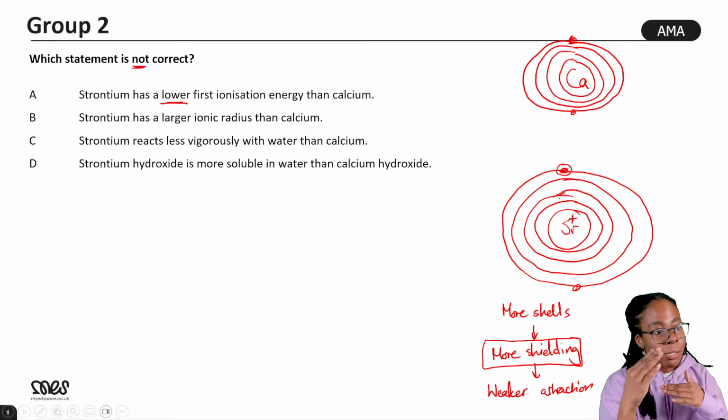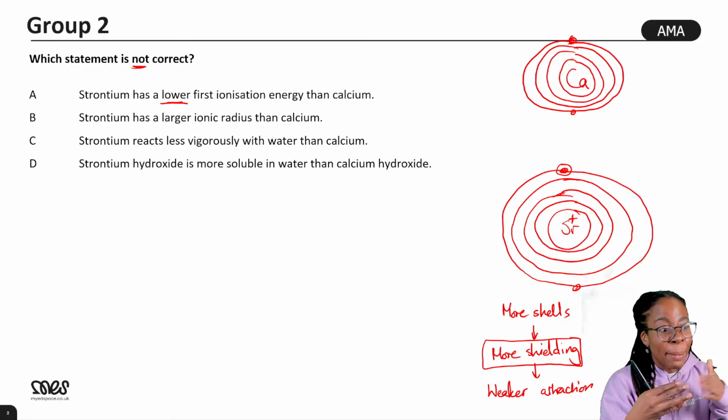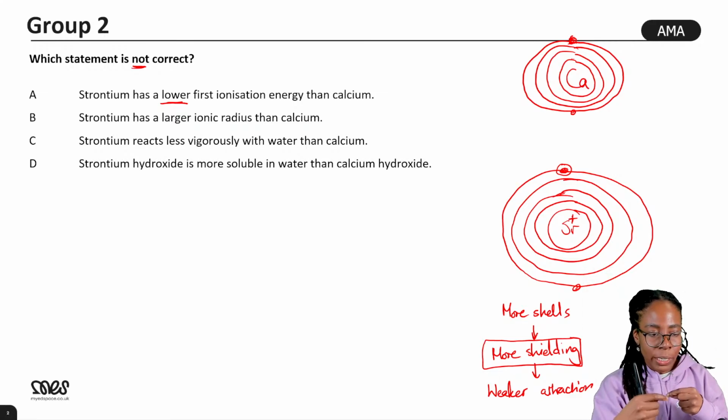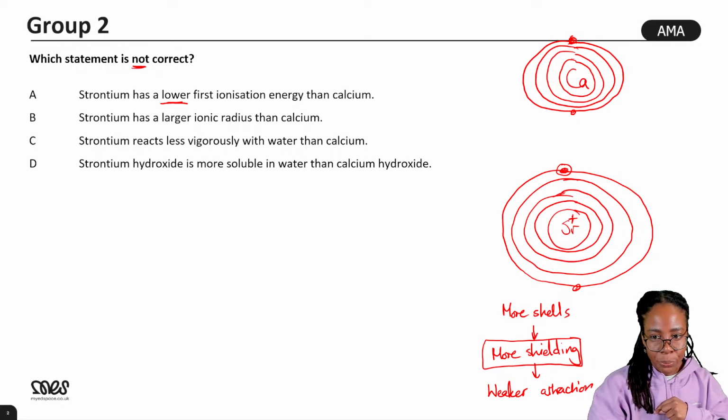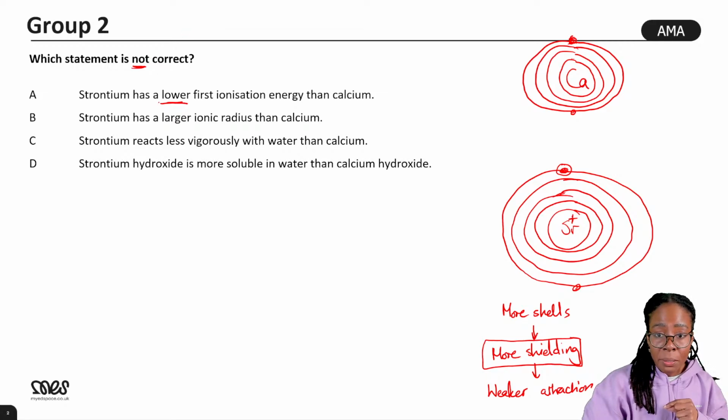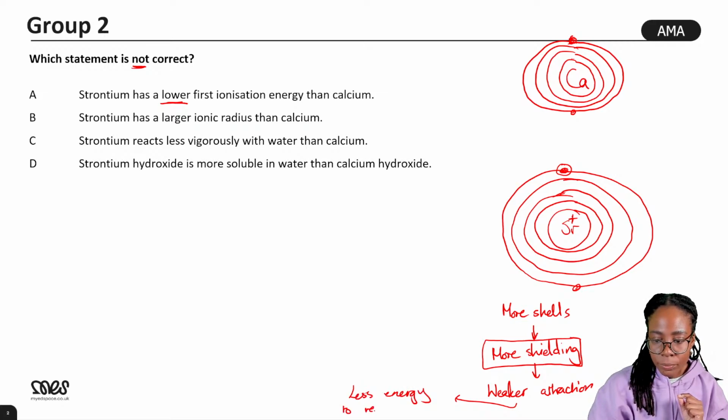Okay, so the more shells there are, it's like there's more of a barrier between the nucleus and the outer electron. So there's going to be a weaker attraction between the nucleus and the outer electron. Okay, so strontium does have a lower first ionization energy than calcium because there'll be less energy needed to remove that electron. Okay, so it's not A.